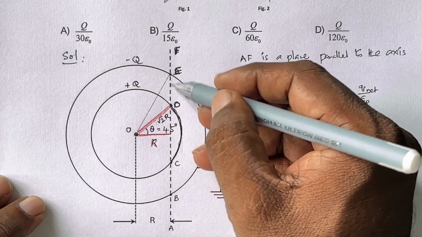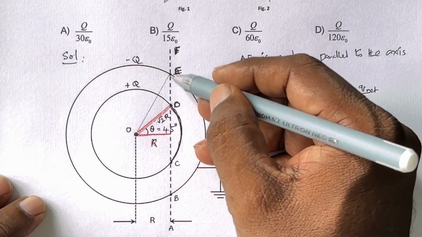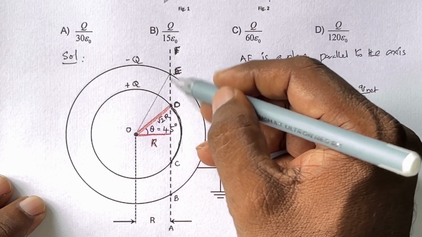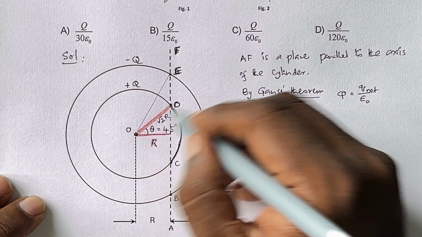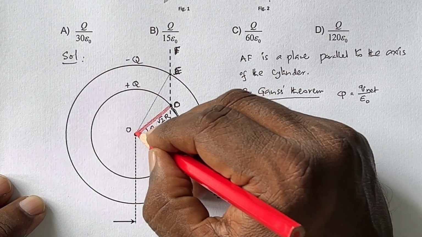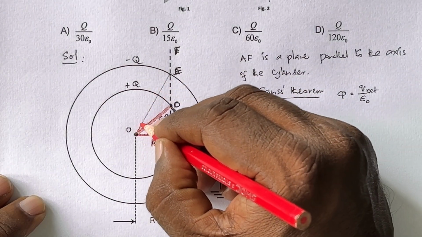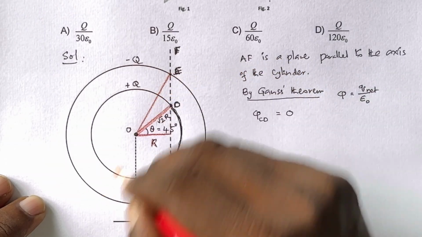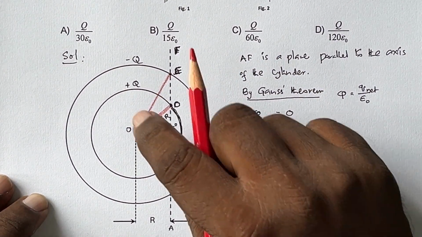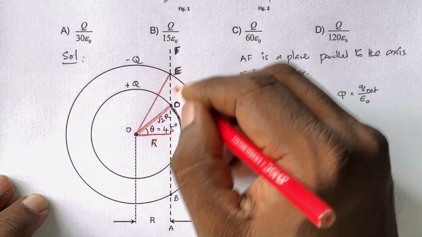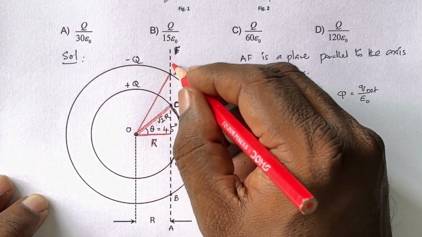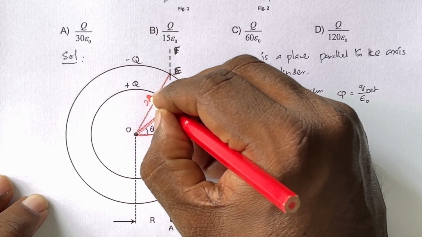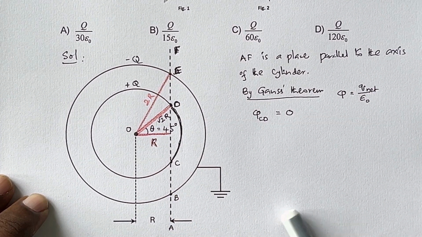Since CD is enclosed in the Gaussian surface, we have to calculate the flux about ED only. I will join the point on the surface of the bigger cylinder, whose radius is given as 2R.